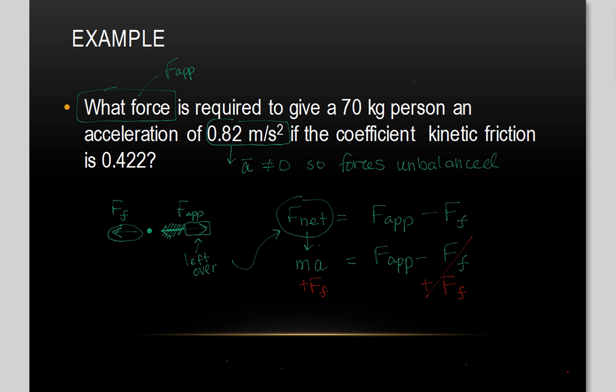And we've isolated for FAP. So it's going to be MA, what's the mass? 70 times 0.82, that's MA, plus the force of friction. What's the formula for the force of friction? Mu Fn, and what is Fn? Beautiful. The mass is 70. Actually, I'll just write this out for you guys. I don't want to jump to conclusions.